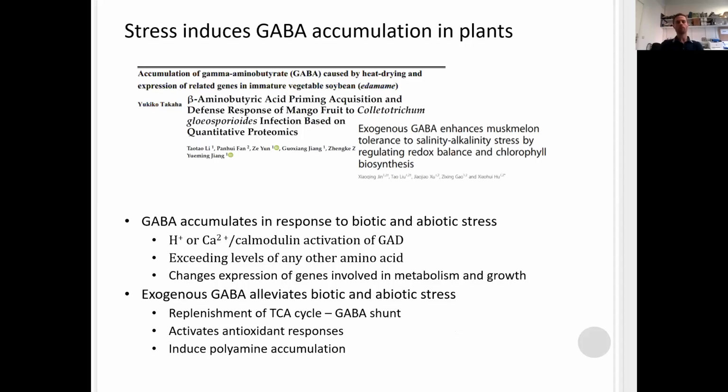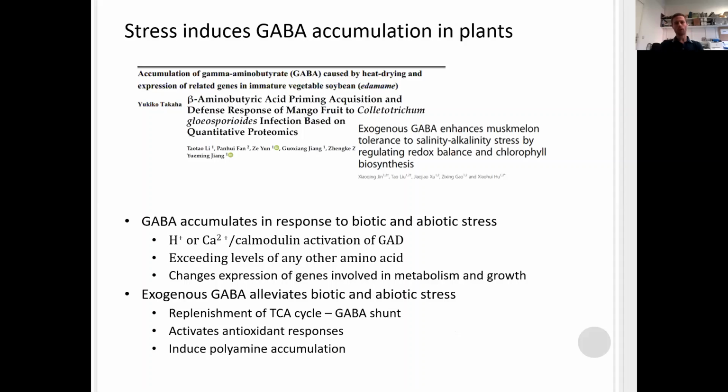Now, it has been shown several times that GABA accumulates in response to several biotic and abiotic stresses. And this accumulation is usually associated through calcium calmodulin activation of the glutamate decarboxylase, the cytosolic enzyme that I explained previously. And during these stress conditions, GABA can accumulate to levels much higher than any other free amino acids found in plants, so it's quite significant.